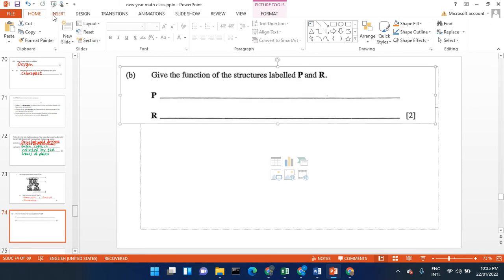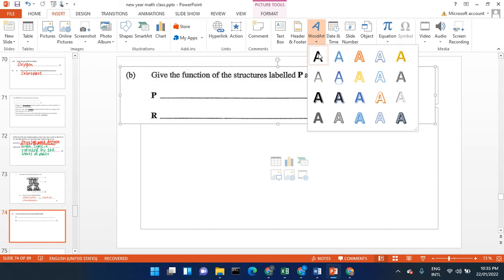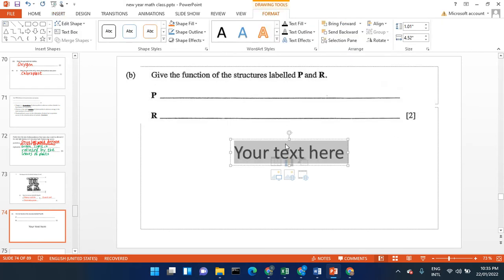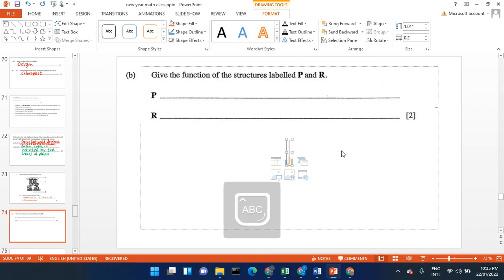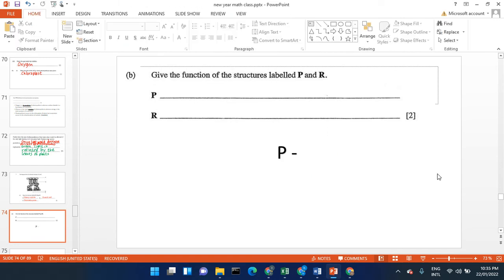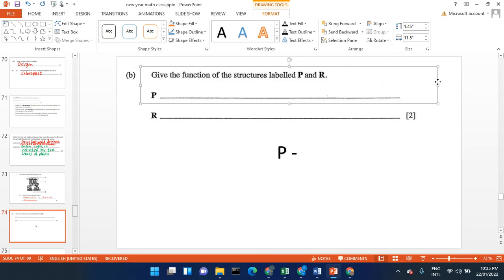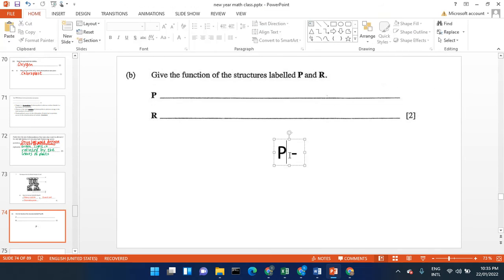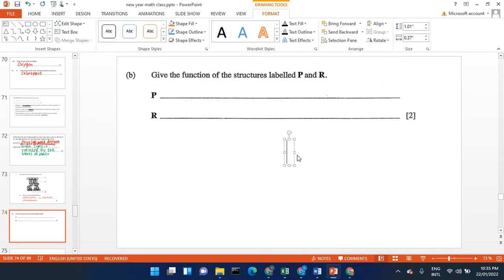So I'm going to insert. Let's begin with P. I'll write it on the line, and we just have to make it smaller.